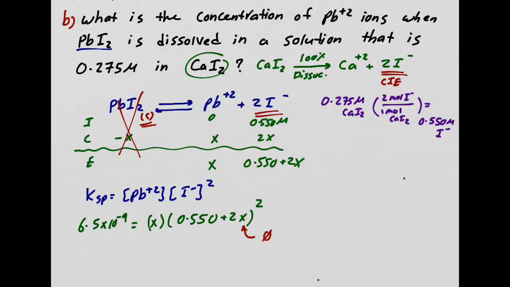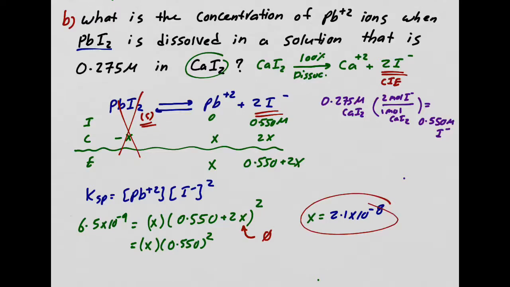And if I assume this is 0, then the algebra is not bad. Then it would be x times 0.550 to the power of 2. So far, so good. You guys are following me? Okay. Now I'm going to solve for x. If I solve for x, what I end up getting is 2.1 times 10 to the minus 8.